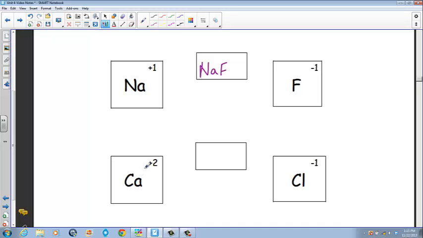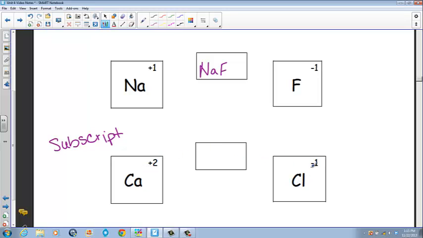Calcium is a +2, chlorine is a -1. So in order to balance this out, we're going to have to give a subscript to represent how many atoms we need of that particular element to balance out the charge. So calcium is a +2, chlorine is a -1.